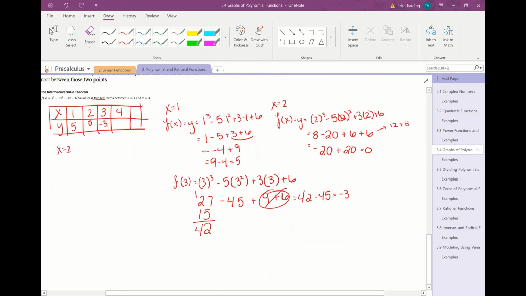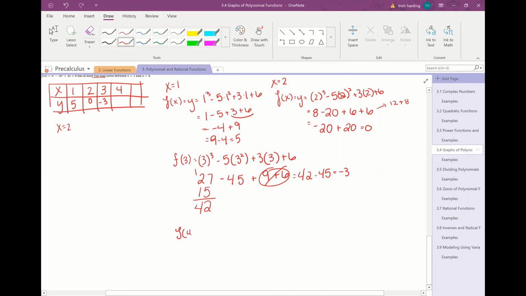And then we're going to have f of 4. And that's going to be 4 cubed minus 5, 4 squared, plus 3 times 4 plus 6. Now this one I will absolutely need a calculator for. I can't remember that. So 4 cubed, 64 minus, let me see, 4 squared is 16, so it's 5 times 16, plus 12 plus 6.